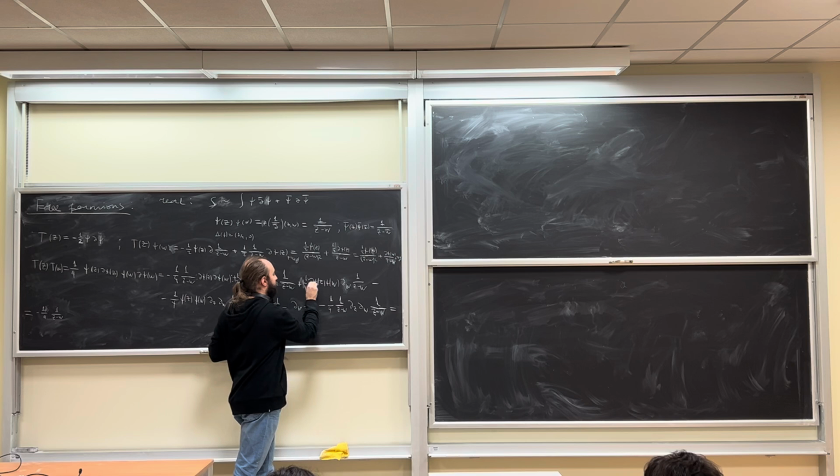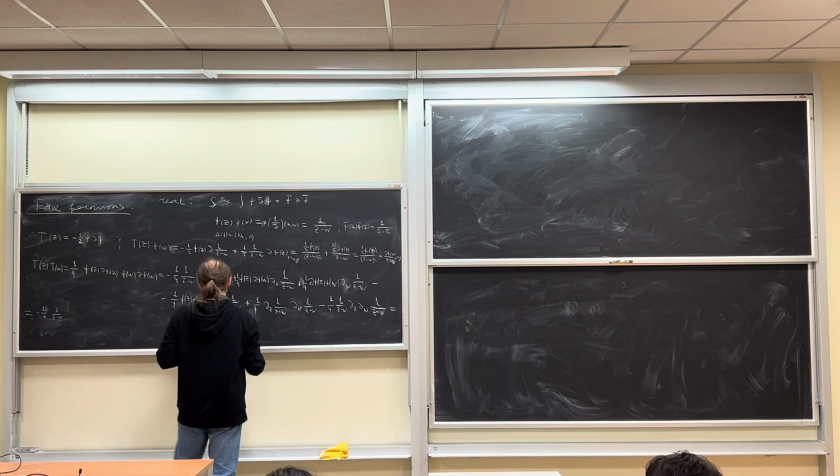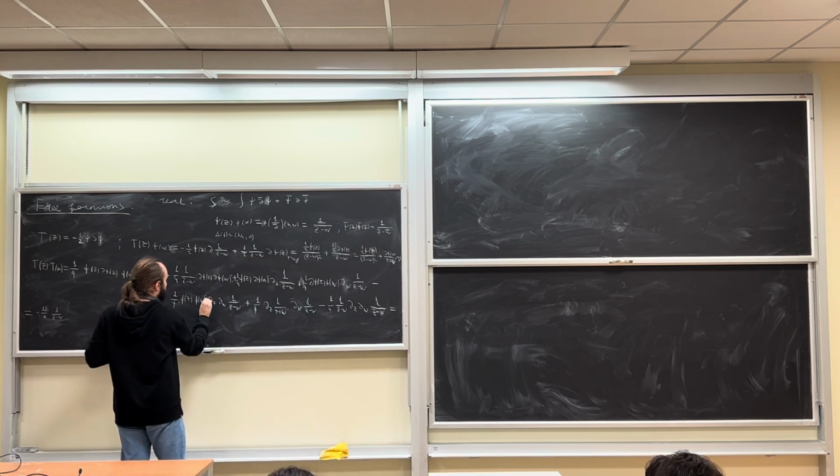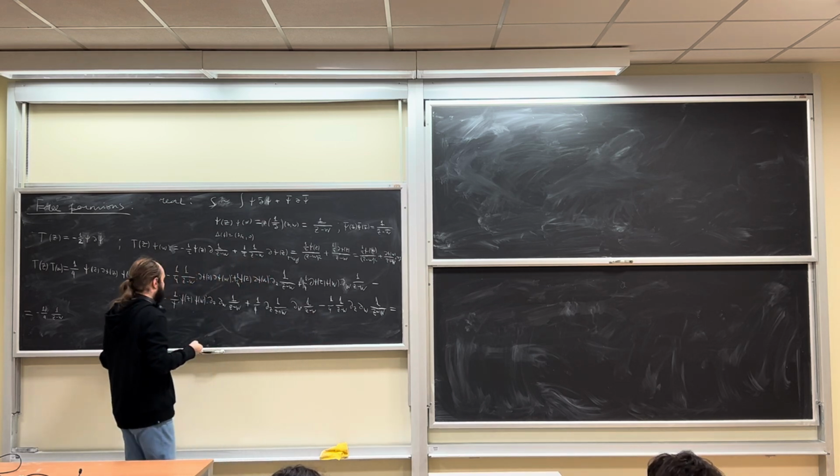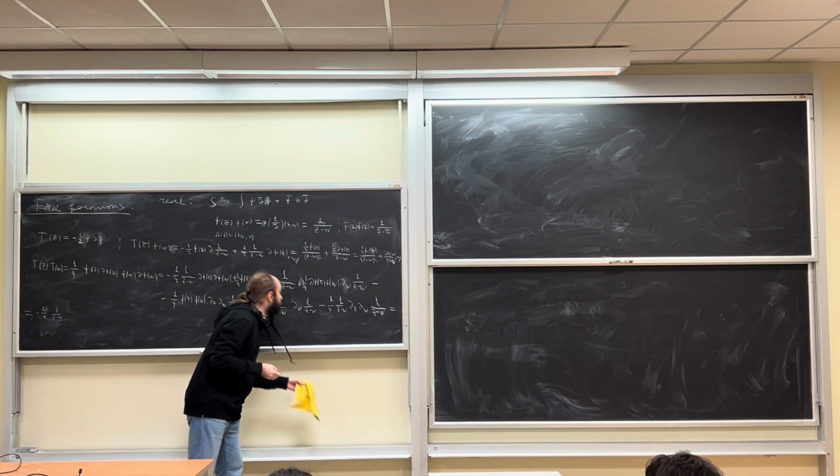So normally ordered psi squared is 0, because it is fermionic. So this first term goes to 0.